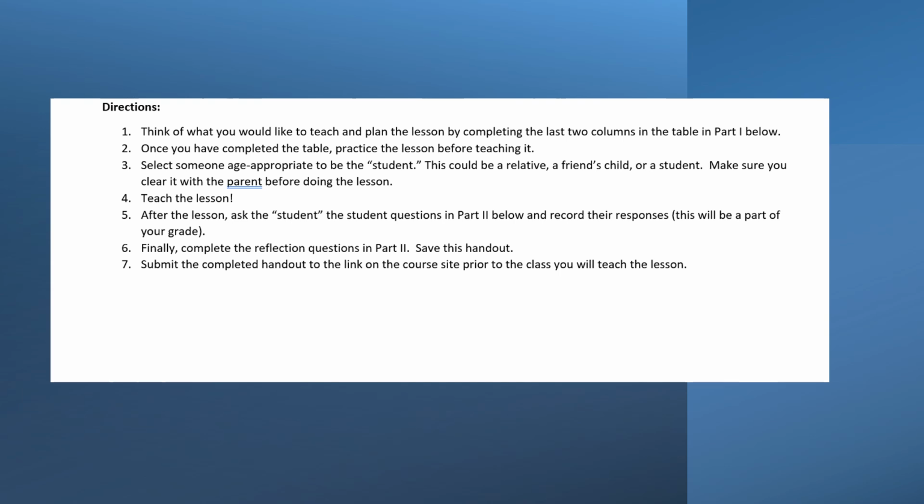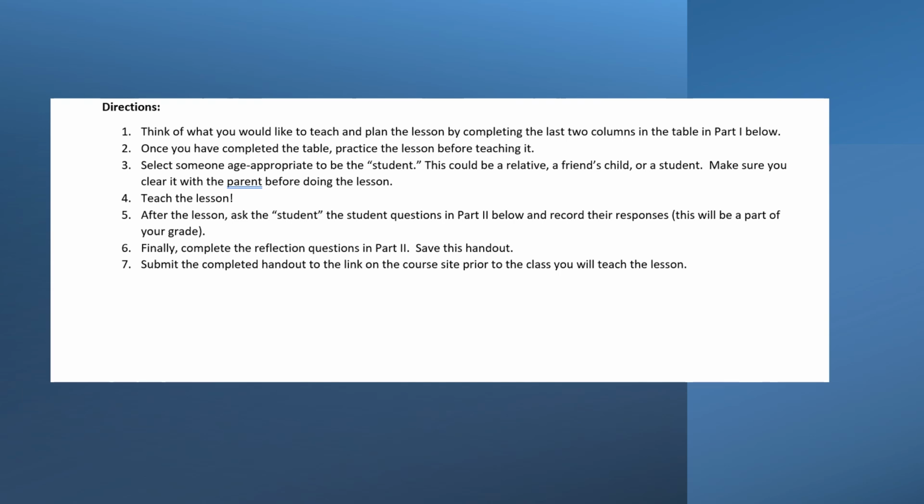Once you've completed the table in the template, you're going to practice the lesson before you teach it. Then you're going to select someone to be the student. This could be a relative, a friend's child, or a student. If you're using an underage participant, be sure to clear it with the parent before you do the assignment.